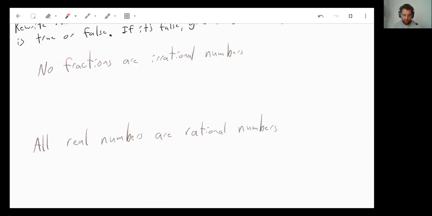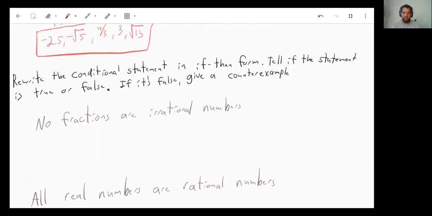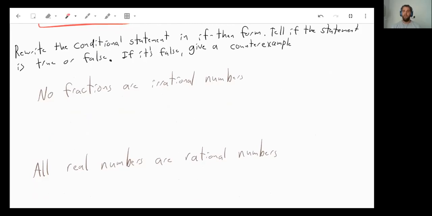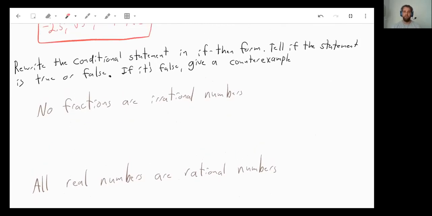The last thing I believe on this section is something that's going to be hit a lot harder in geometry, but we do have to introduce it here. So a conditional statement is something you hear all the time. What it is is a condition and then a response to the condition.